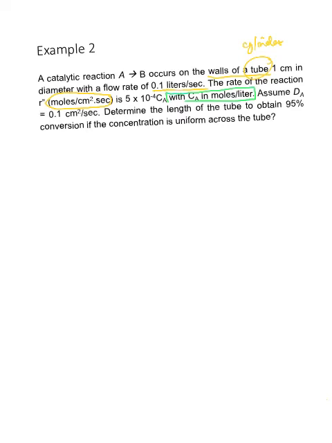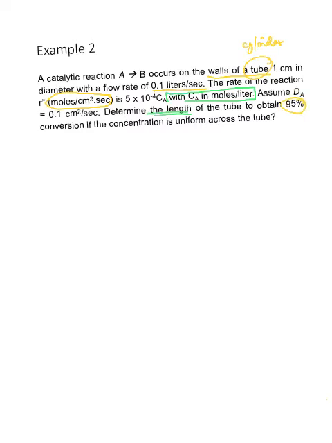Assume diffusivity DA equals 0.1 centimeter square per second. Determine the length of the tube to obtain 95% conversion if the concentration is uniform across the tube. So we need to determine the length of the tube for 95% conversion.